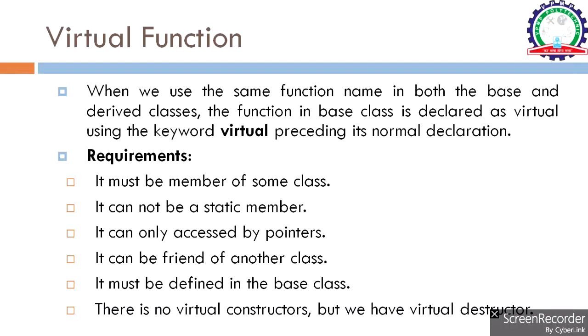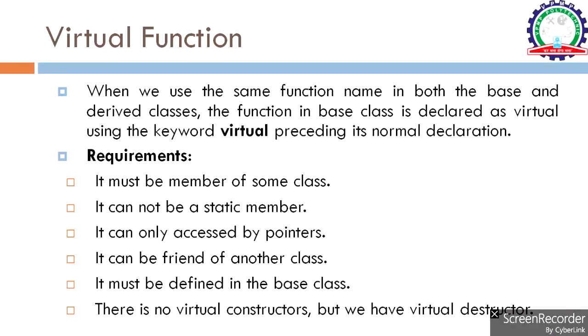Then next, it can be a friend of another class. Yes, it is allowed that we can make a virtual function a friend of another class, so we should use virtual friend or friend virtual, both keywords before the normal declaration of a function. Then it must be defined in a base class.